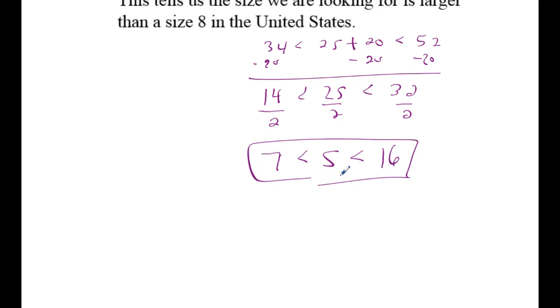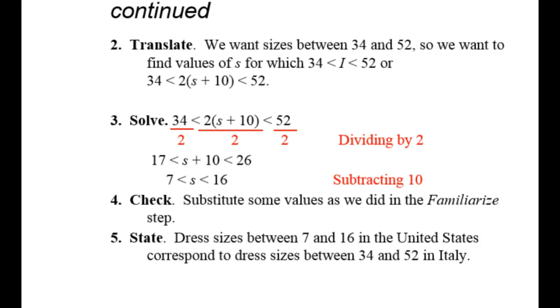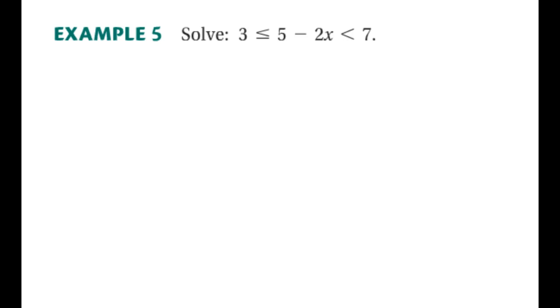And then if it asked me to graph that, then I would do a between statement. Good. Looks like the author has the same thing. And then if it's a word problem, we usually state our final answer. Dress sizes between 7 and 16 in the United States correspond to 34 and 52 in Italy.